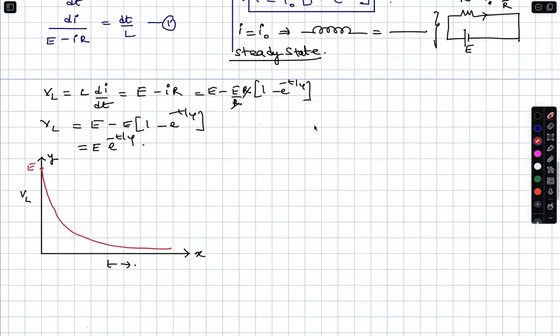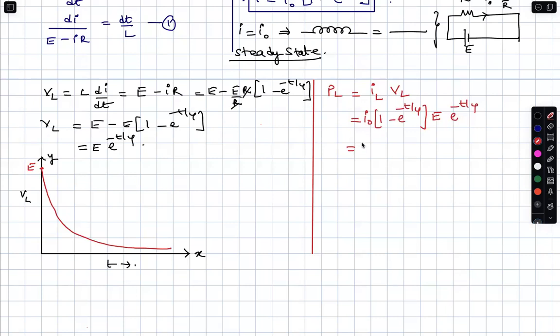Okay? And not only that, another important observation. At any time, power delivered to the inductor is simply the current through the inductor times the potential drop across the inductor: I naught times 1 minus e to the power of minus t by tau, into VL, which is E times e to the power of minus t by tau. Good.